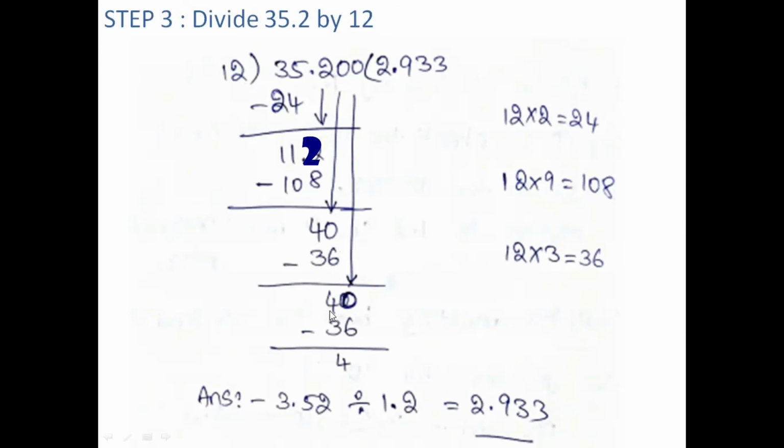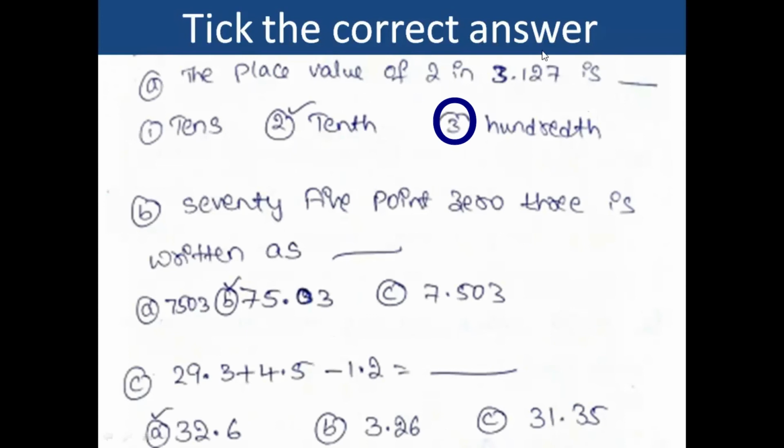Then keep another 0 in the dividend. 3 twelves are 36. 40 minus 36, the difference is 4. Go on like that, so stop the division. Answer: 3.52 divided by 12 equal to 2.933.